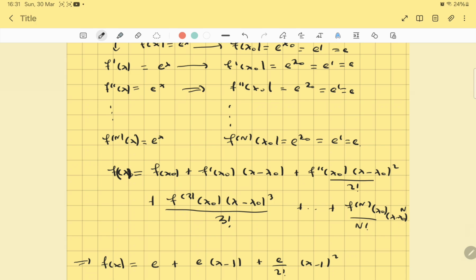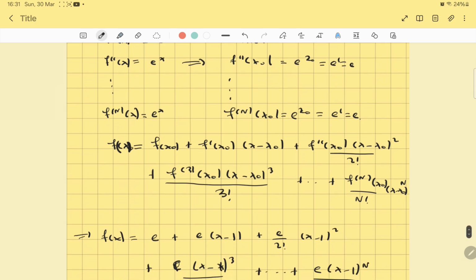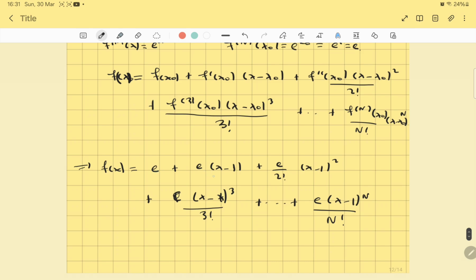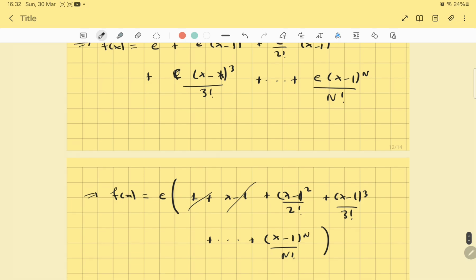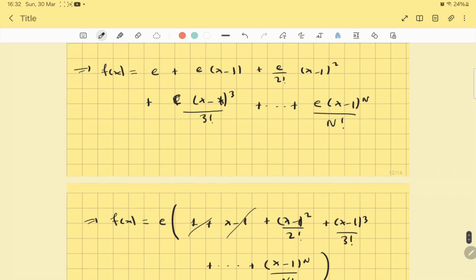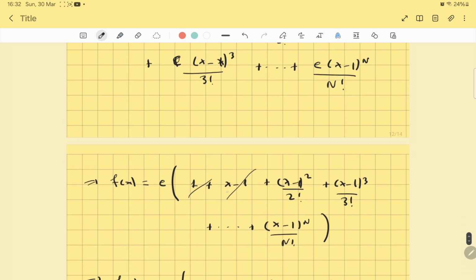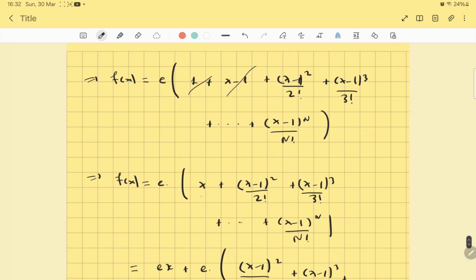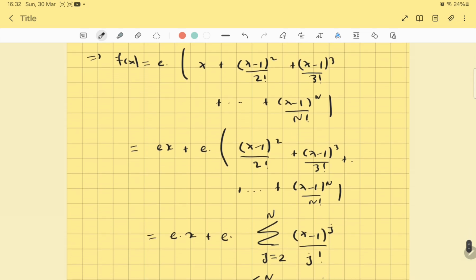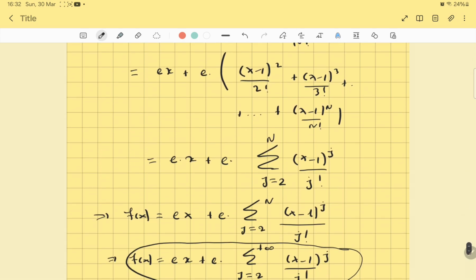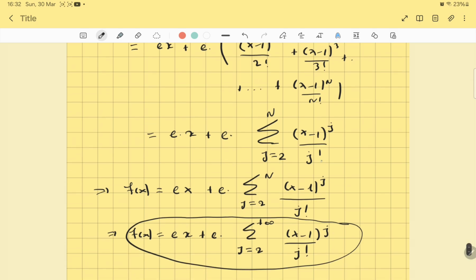and then I just go back into the Taylor formula, and you see that I have e appearing because I evaluated at x naught, it always gives me e, and then I have x minus 1 to some powers, and then I take e as a common factor, and I just get rid of the ones here because they have opposite sign, and then I can write it in the truncated form, e times x plus e times the sum from j equals 2 to n of x minus 1 to the power of j over j factorial.